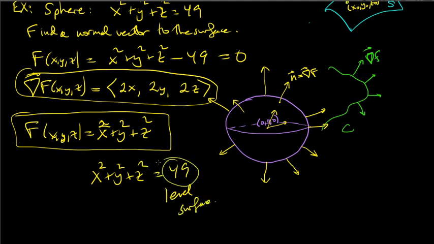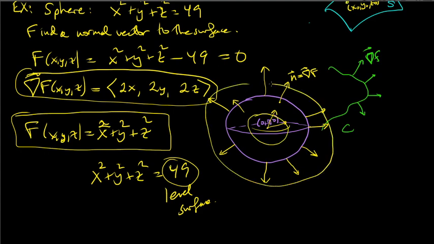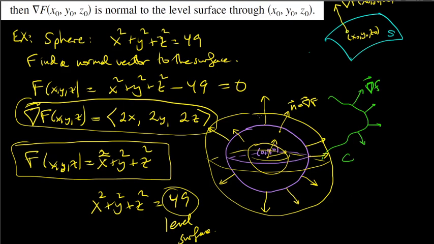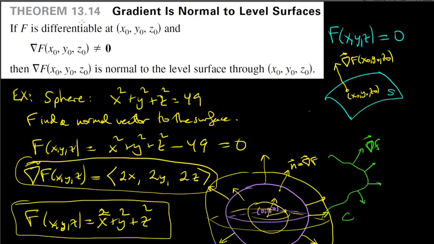A different radius will give you a different level surface. They're all concentric spheres, because the center is the origin, but they all have different radii. That doesn't change the normal vectors. The normal vectors would all be perpendicular to each of these surfaces. So that's all this theorem really says.